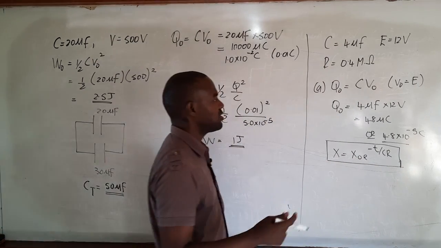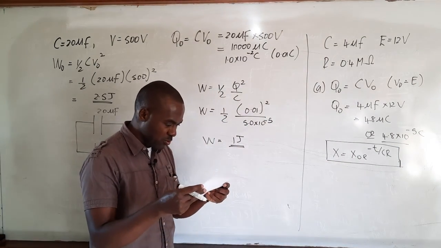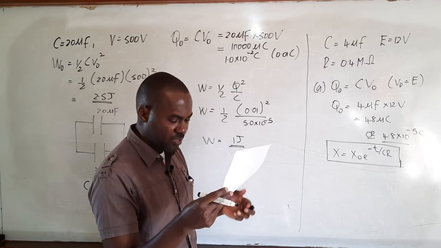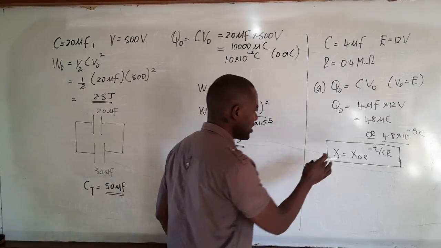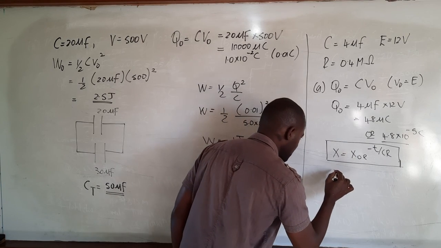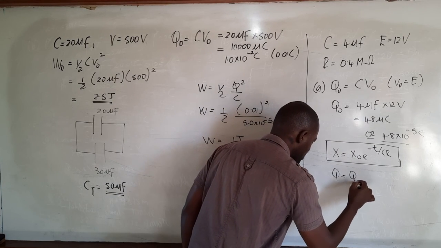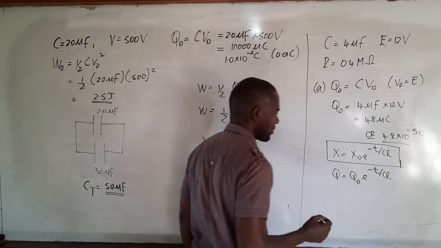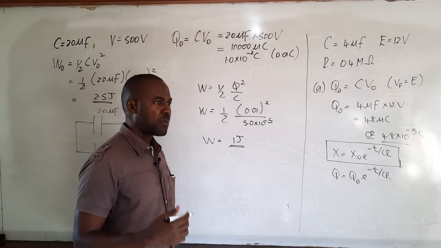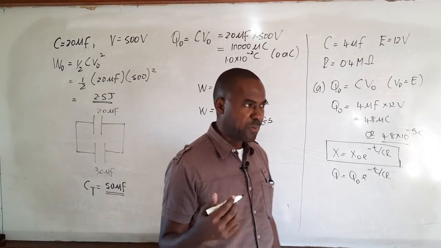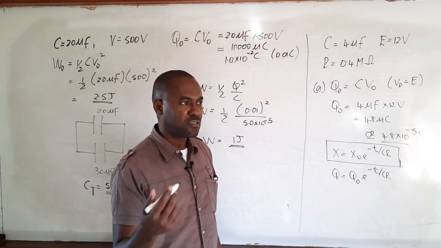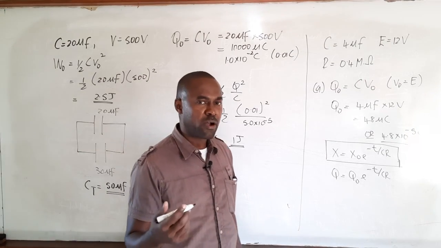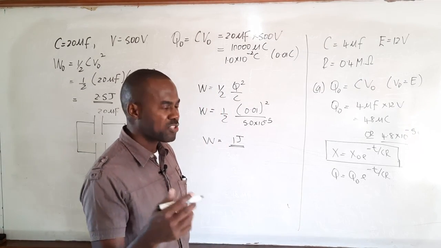But we're asked to find the charge stored and the PD across the capacitor 2 seconds after it starts to discharge. So to find the charge stored 2 seconds after, the formula basically is Q equals Q naught E to the minus T over CR. Now CR, the product of the capacitor's capacitance and the resistance of the resistor, is known to be the time constant of the circuit, right?